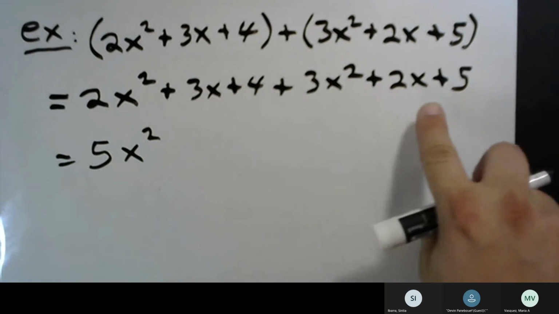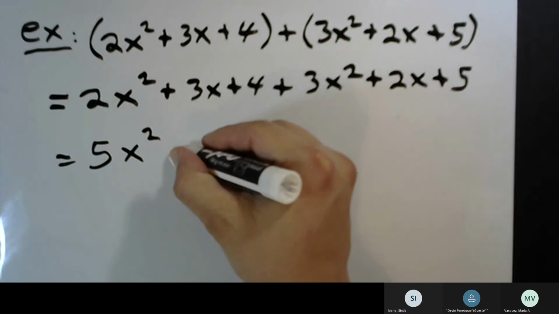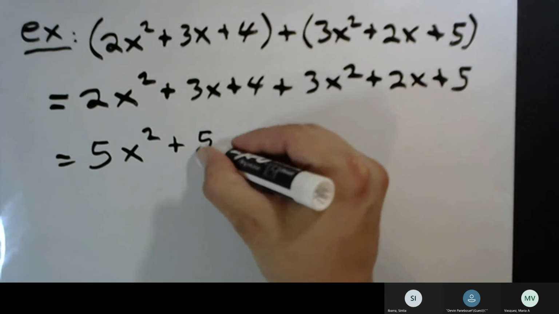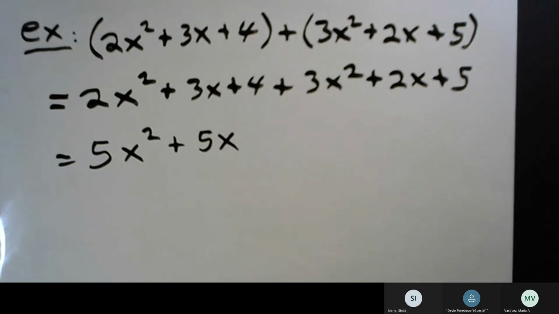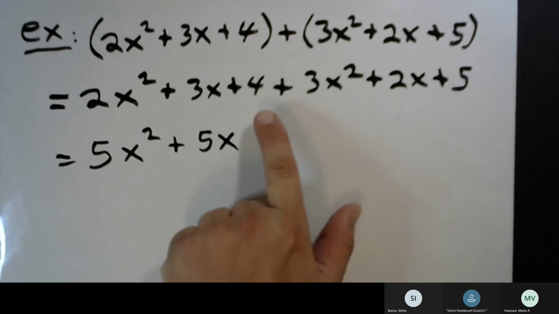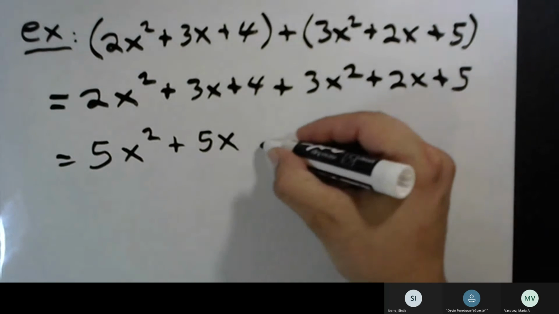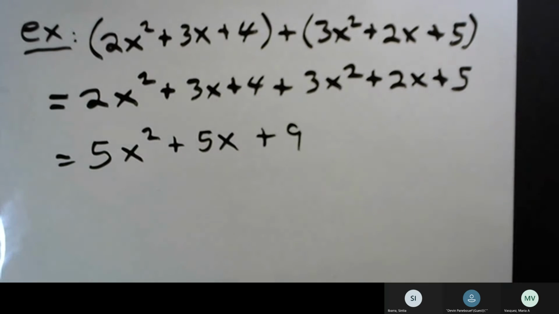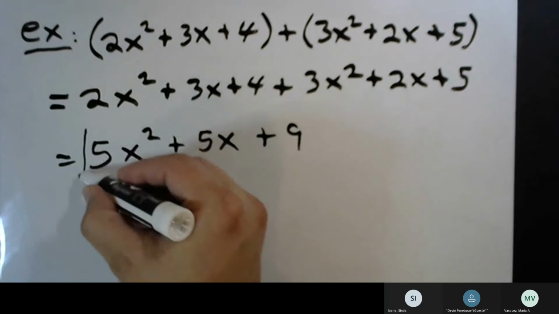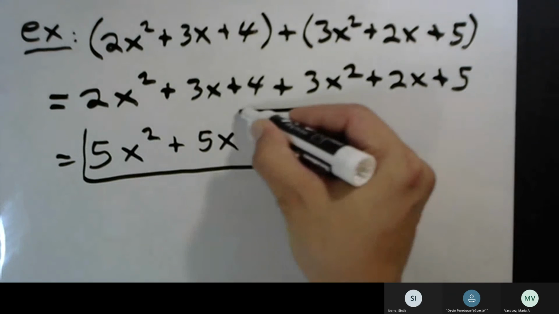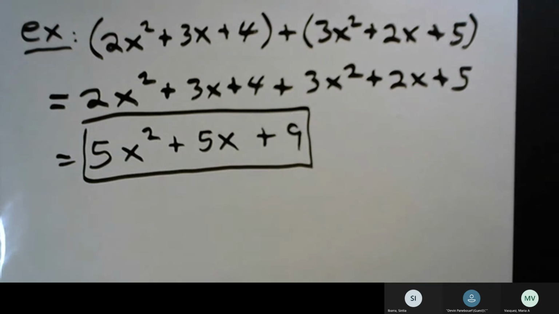So there's 3x's plus 2x's. It gives us 5x's. Then we have 4 plus 5 is 9. And that's it. We're just combining like terms. Any questions about that?